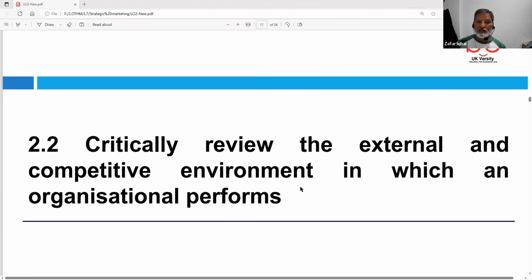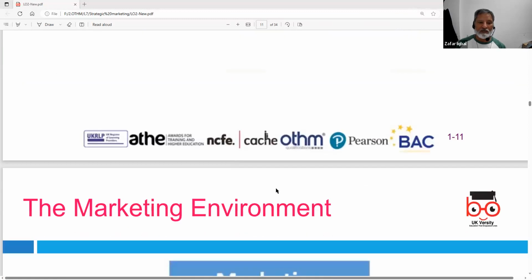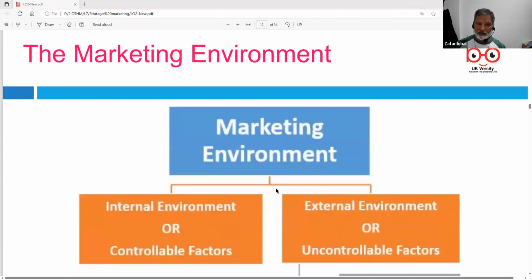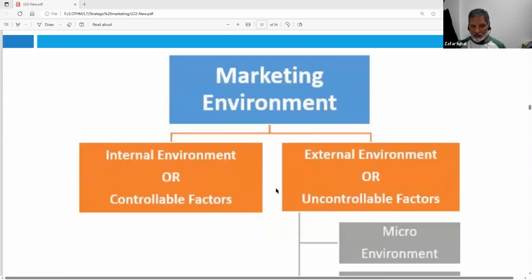Okay, looking at the external and competitive environment in which an organization performs, we need to look at the marketing environment from a different perspective. This can be viewed as the internal environment or the external environment.